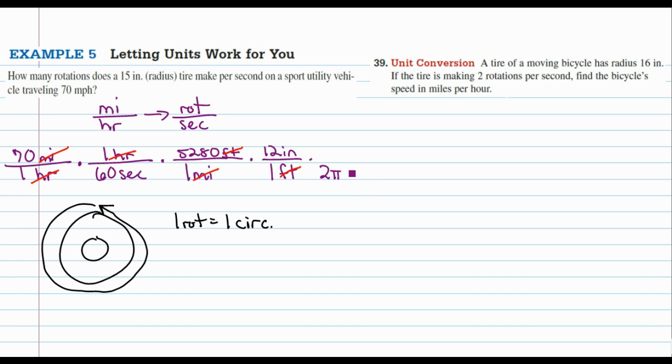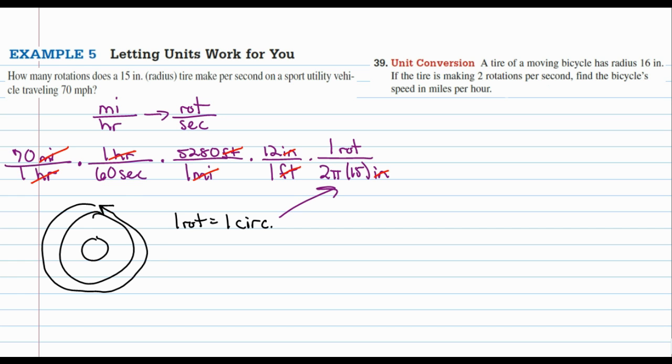So I'm going to put 2 pi, and the radius is 15 inches. So 1 rotation is 2 pi r inches, my last conversion. I put inches on the bottom, so the circumference on the bottom. Now inches cancel out, and I've got rotations per second.